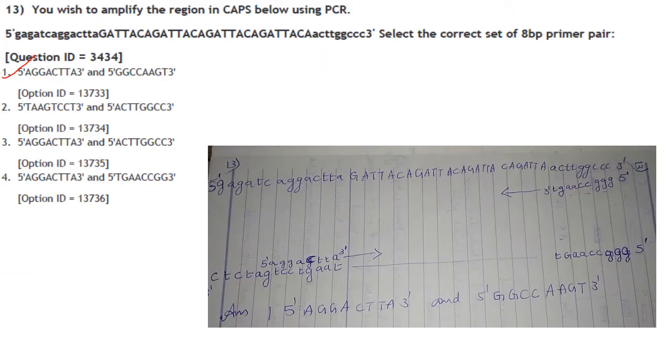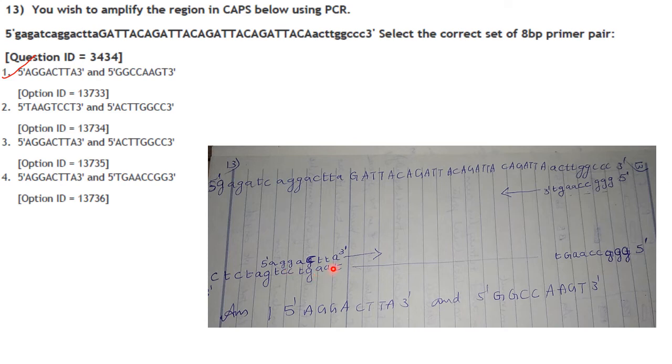Then next one. You wish to amplify the region of DNA below using PCR. Select the correct set of 8 base pair primer pair. Okay, so this is the sequence. I have rewritten it over here in 5 prime 3 prime direction. This is the complementary sequence to that. This will be your forward primer, this one.